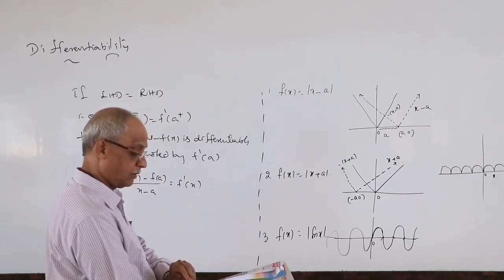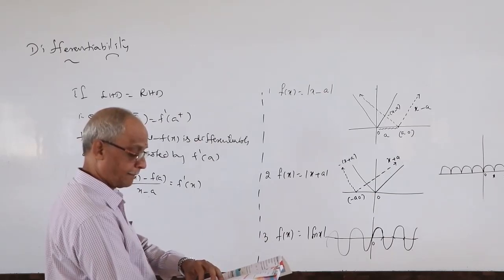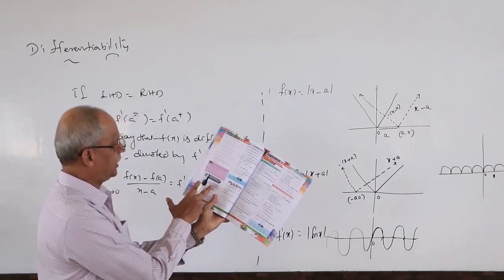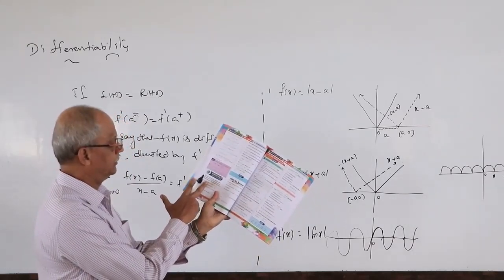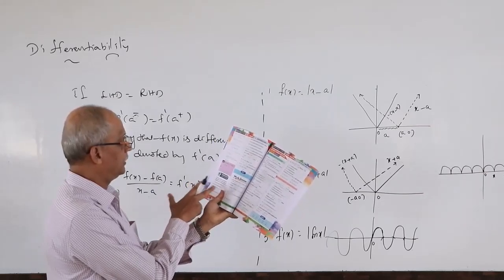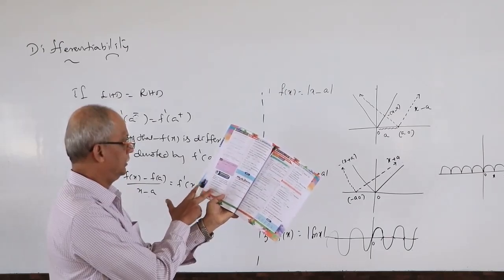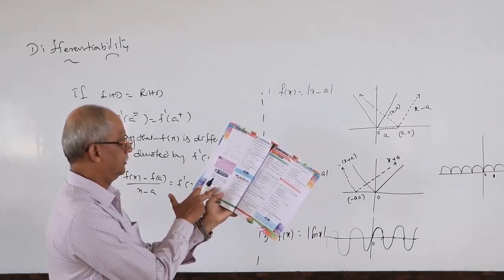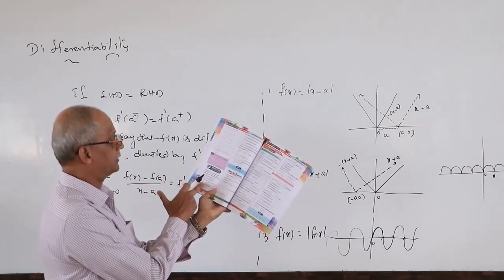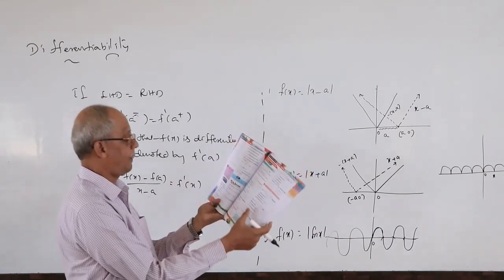If f(x) and g(x) are differentiable at x naught, then the function maximum of f(x) comma g(x) is always differentiable, never differentiable, or differentiable when f of x naught is not equal to g of x naught. Otherwise it cannot be differentiable. This is concept based.